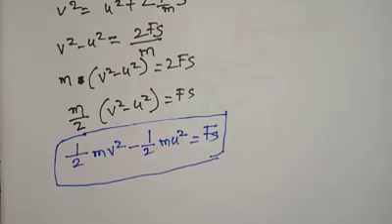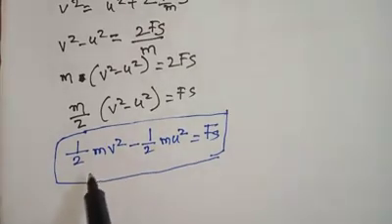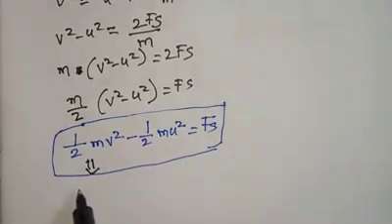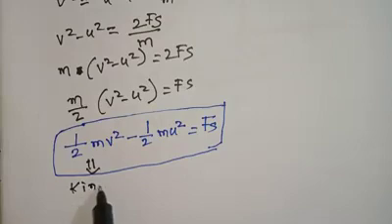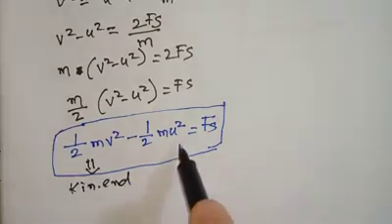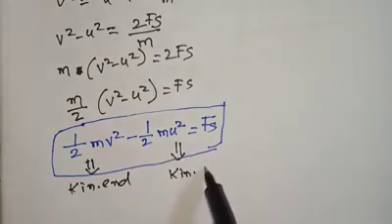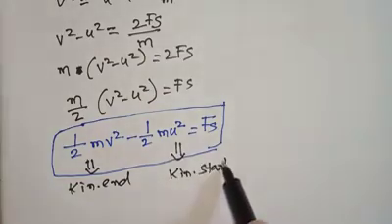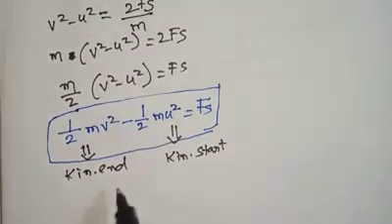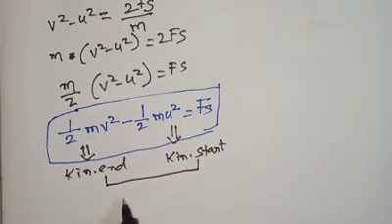Now if you note closely, this first part is the kinetic energy that we ended with. This part is the kinetic energy that we started with, and this actually gives us the work done.